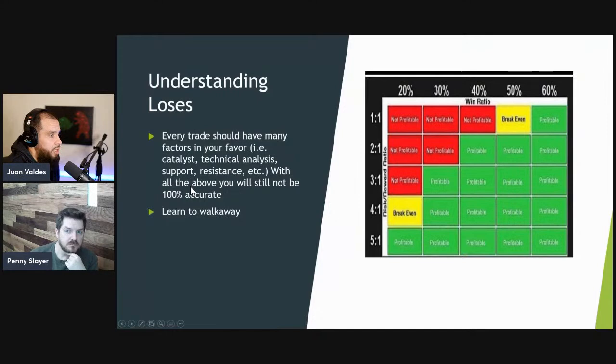For me, and this is just my mindset, I don't want to just jump into a stock because there's one indicator, it's breaking previous resistance. No, I want to have a bunch of other indicators. I want to see a bunch of other things in my favor saying, not only is it breaking this area of resistance, but there's this crossover on the MACD, or there's this support, or it's also breaking this area on the Fibonacci retracement. I want to see a whole bunch of other factors in my favor before I jump in that trade. And then even with all that above, you're still not going to be 100% accurate, right?